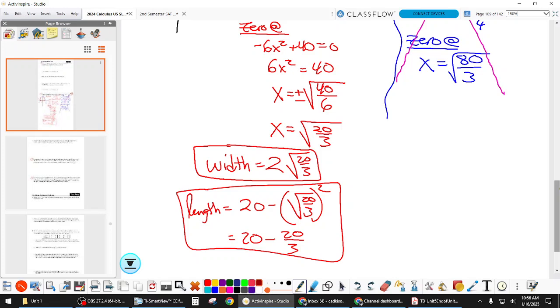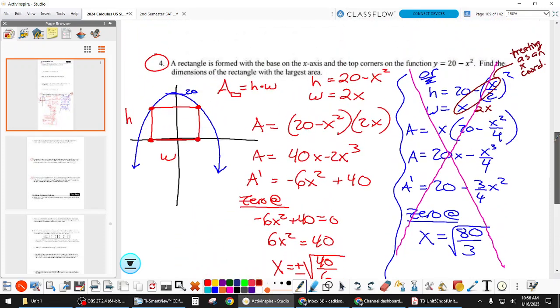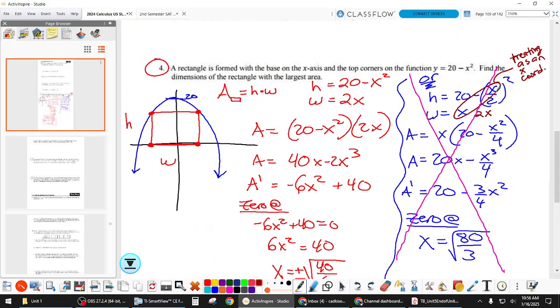So the x was actually root 20 thirds. I had it as 40 thirds, and then you have it as 80 thirds. The reason why, is what I'm trying to say, is I want you to think about this x for your height references this x, right?